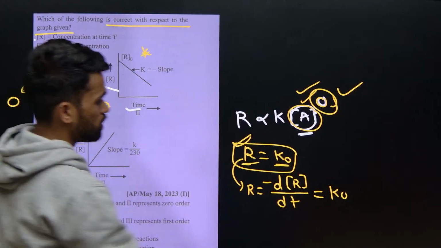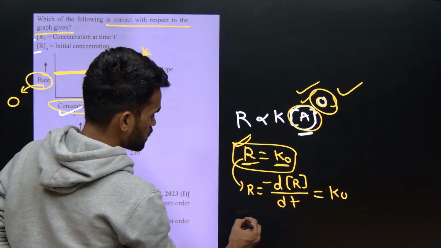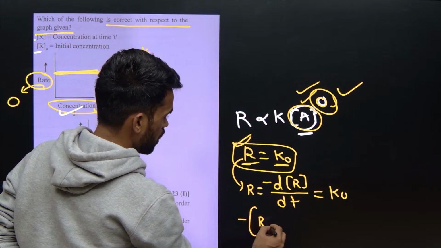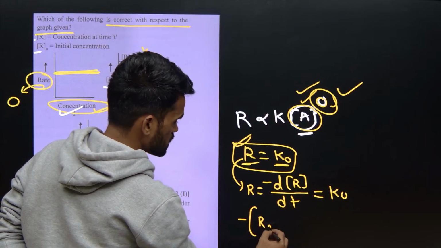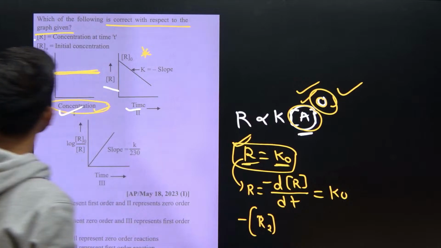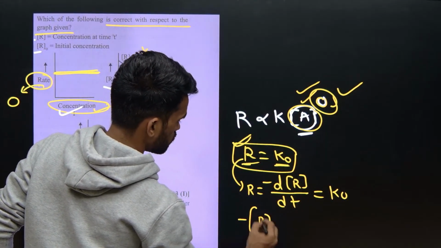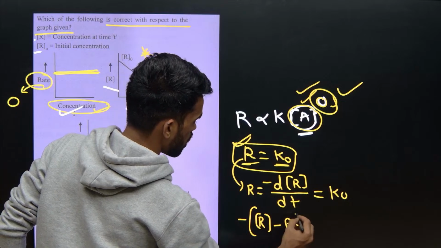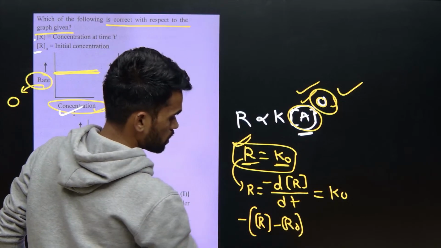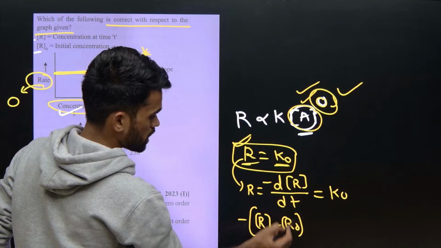So now we know dR by dt is nothing but minus concentration of R at time t, they mentioned it as R, minus initial concentration R0. Final concentration minus initial concentration.